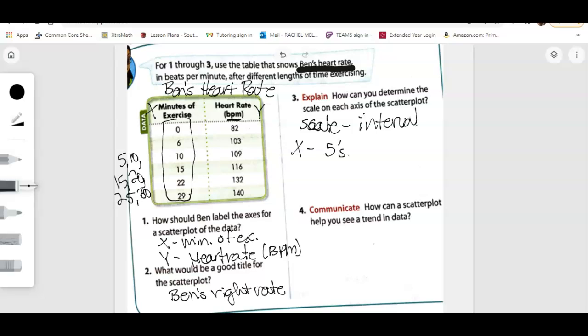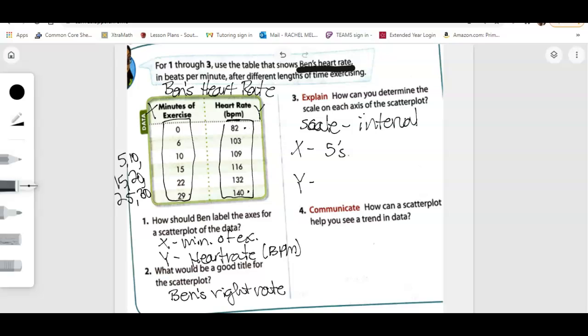I would not want to have 5s as my scale for the heart rate though, for the Ys, because I would have to have a very large piece of paper for that to happen. The smallest number is 82 and the biggest number is 140. So those would have definitely much bigger intervals in between them.